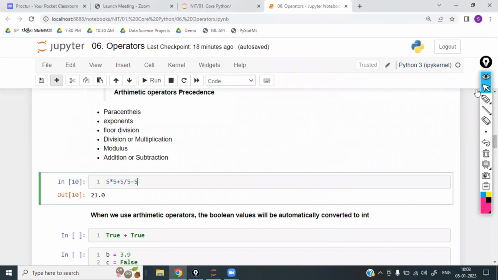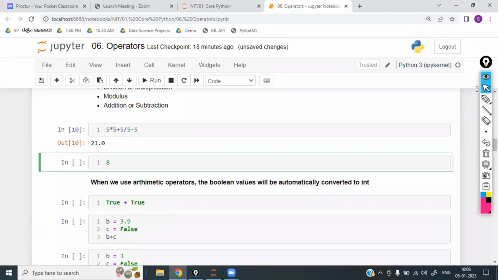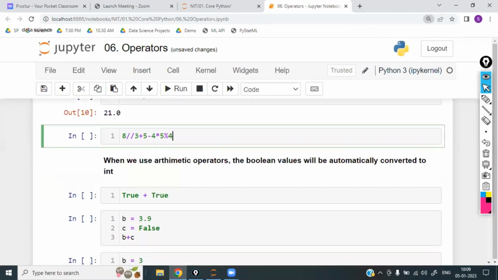Is that clear? Now, here I'm going to take an example: 8 floor division 3 plus 5 minus 4 into 5 modulo 4. Answer please. For this question, answer please. I want the correct answer, not the quick answer.